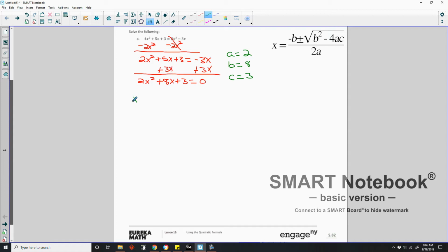So now I write x equals negative b plus or minus the square root of b squared minus 4ac, all divided by 2a. Okay, simplify.